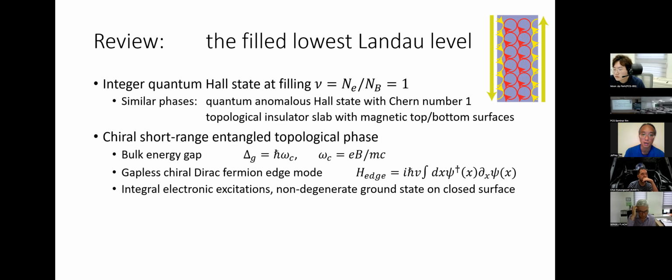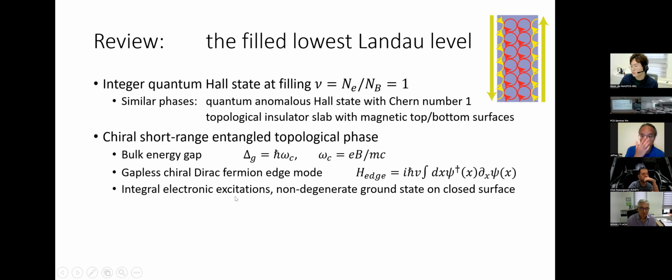In this picture right here, you can see that in the bulk, the electrons basically just stand in cyclotron orbits. But on the edge, there are skipping orbits, and that suggests that there are unidirectional propagating fermions along the edge. So on the edge, you basically have a unidirectional propagating massless fermion.